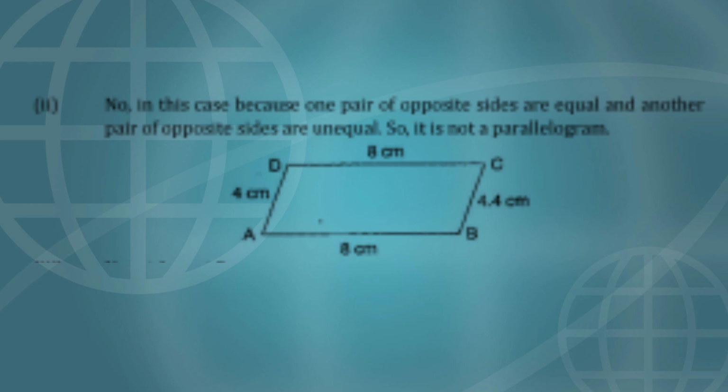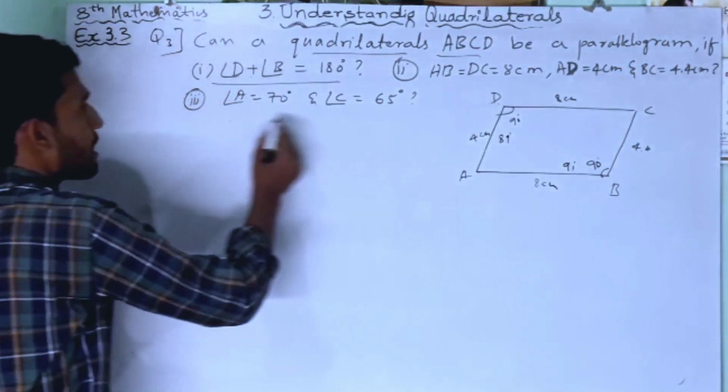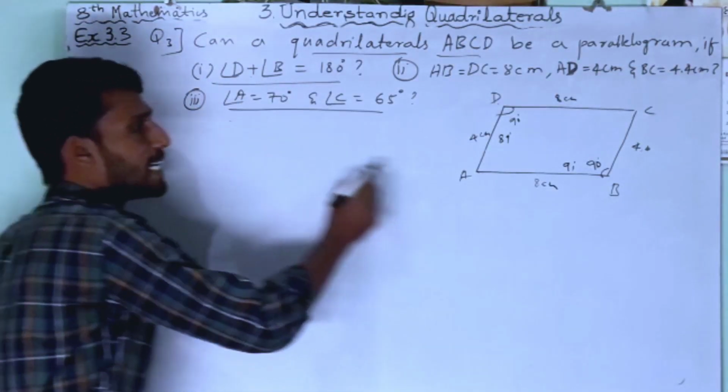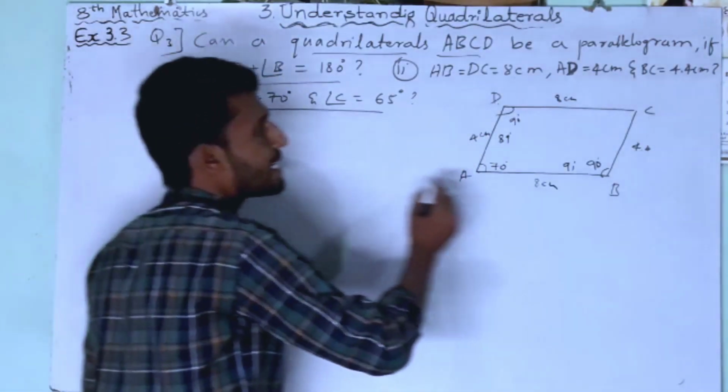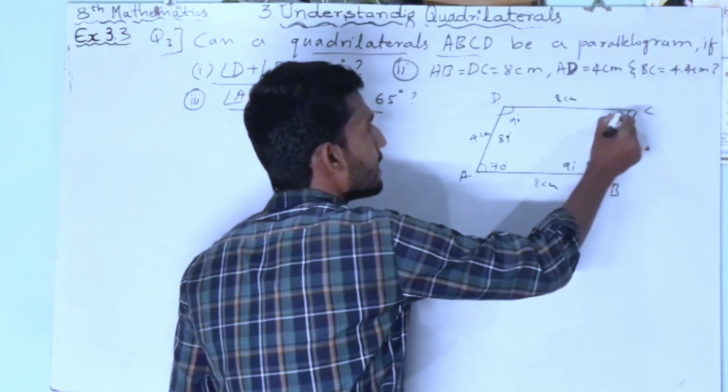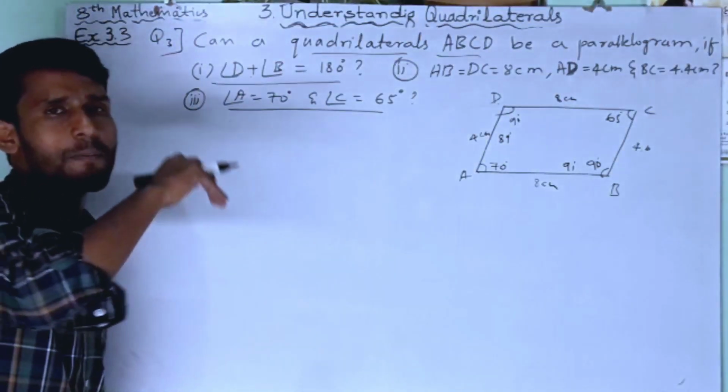Okay, this is the solution. Okay, dear student. Next, I am taking the third question. If angle A is 70 degree and angle C is 65 degree, is it a parallelogram?